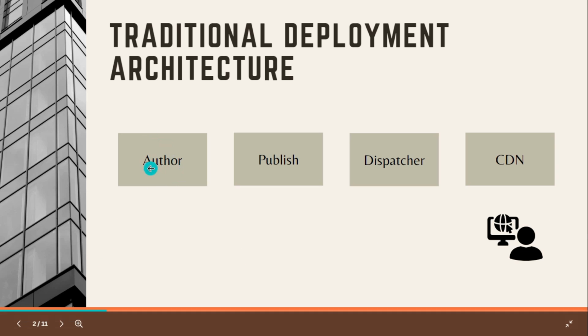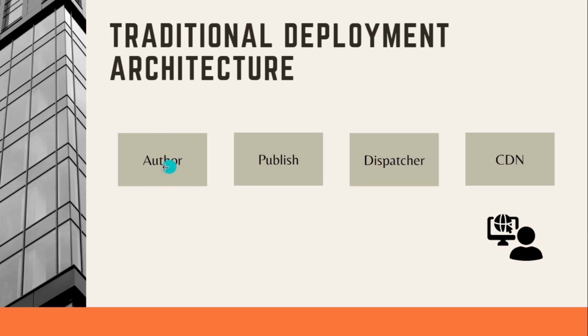So here we have the author instance, and from author the content will be published to the publish instance. And then finally this content which is published will get cached in the dispatcher layer. And what are the CDNs? The CDNs are the content delivery networks, the servers placed all over the world, and they will cache all the static assets like CSS and JavaScript at nearby to the client location.